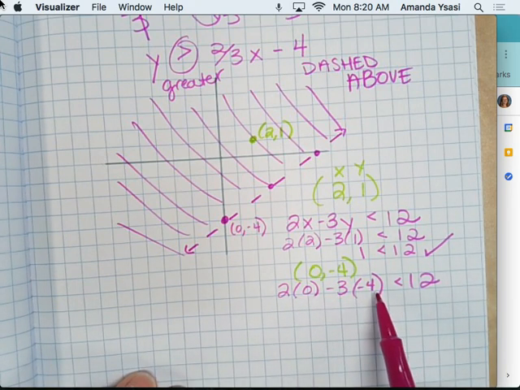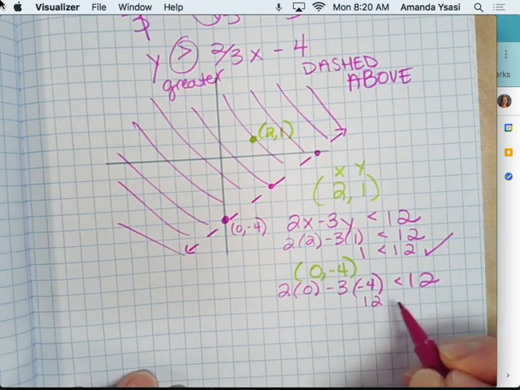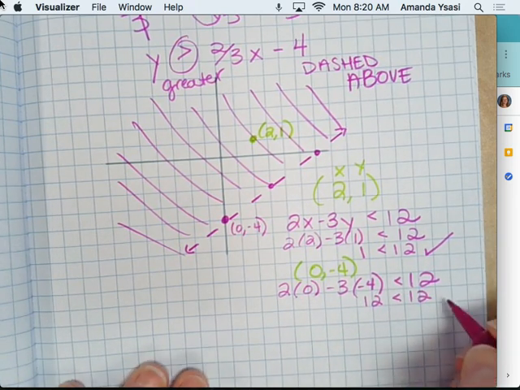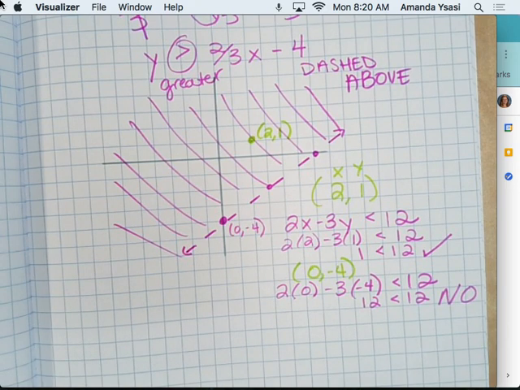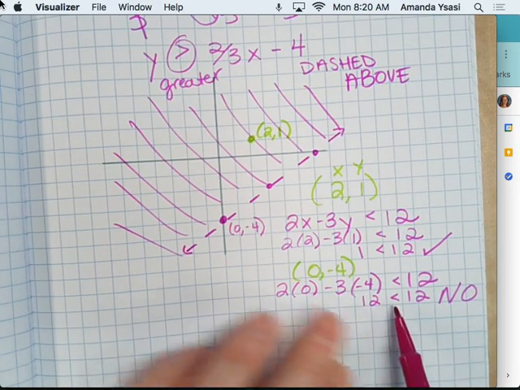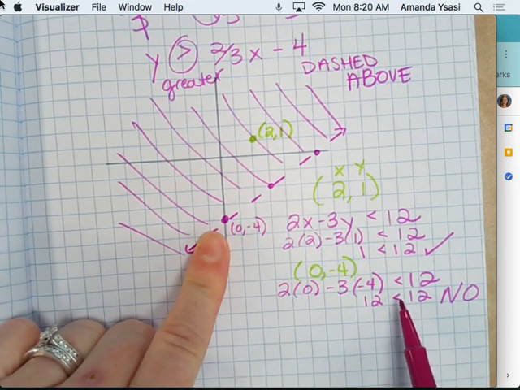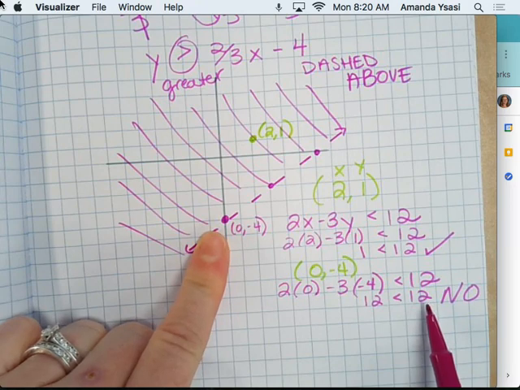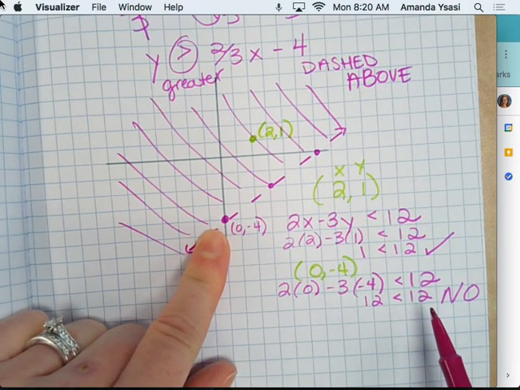Negative 3 times a negative 4 is 12. Is 12 less than 12? No. If it was less than or equal to, yes, because that would be considered a solid line. But this is a dashed line, and so that means that this point is not included. So this is not true. So it kind of proves that we were correct on that.